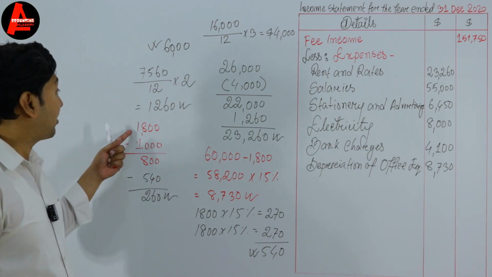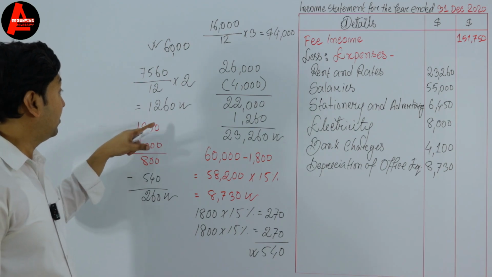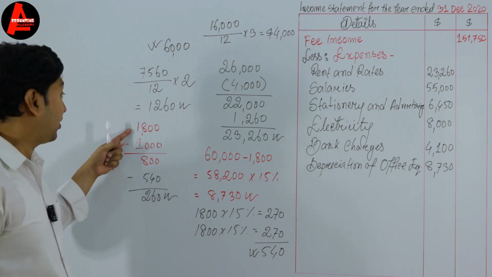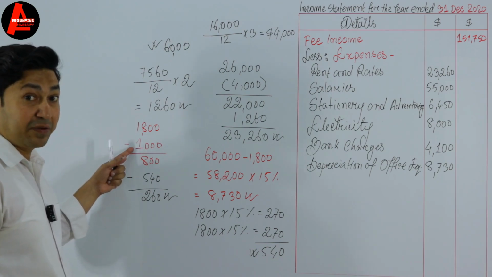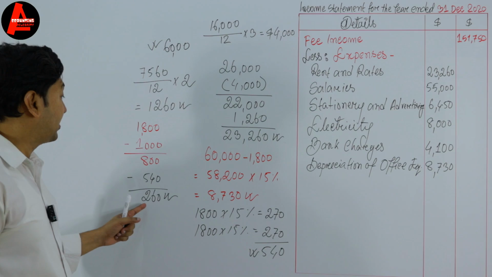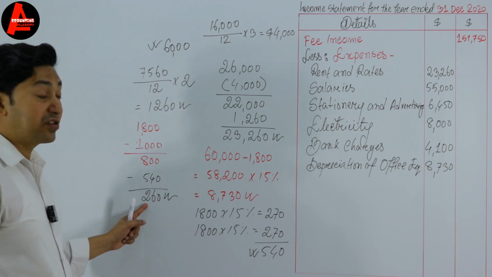See, the cost price was $1,800. We could not recover this $1,800 with the depreciation and the selling price of $1,000. So there is still $260 remaining. This will be the loss on disposal.